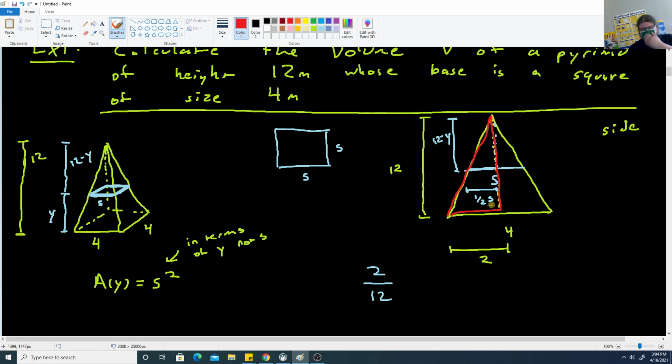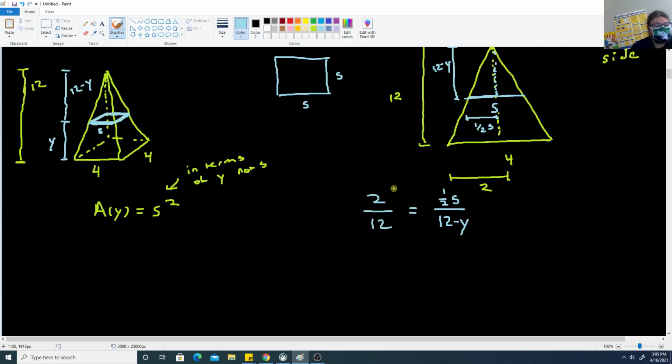That's similar to the smaller triangle here, with base 1/2 s and height 12 minus y. So that equals the smaller similar triangle, whose base is 1/2 s and whose height is 12 minus y.